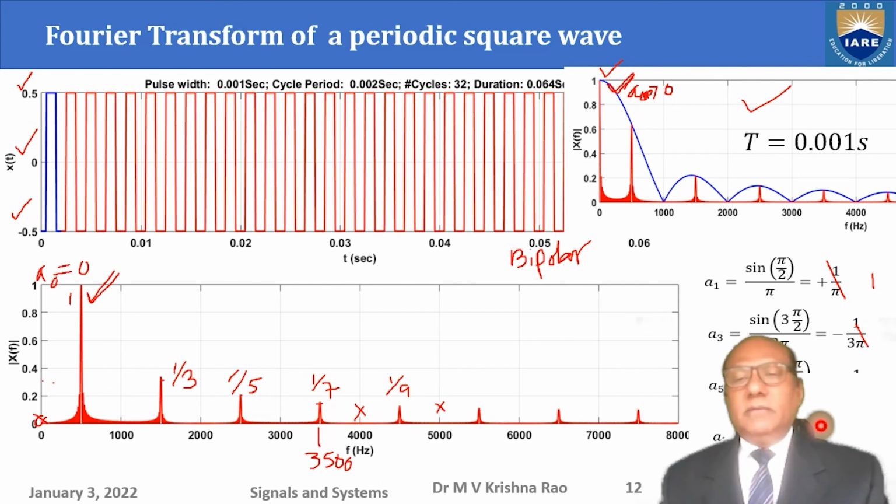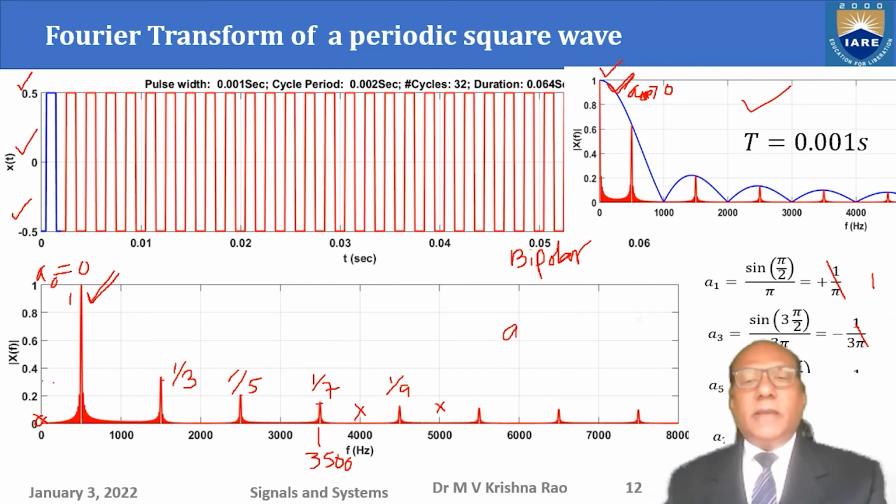And the amplitude of the harmonic is inversely proportional to the harmonic number, because if I take 1 by pi as a constant, what can I write here? AK, the amplitude, I am taking because minus and plus collapse in the magnitude spectrum. It is proportional to 1 by k.